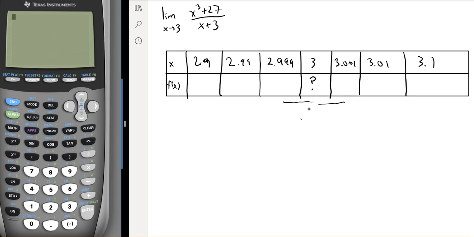Okay, so 3 is the one I'm trying to find, so I actually should have stored it at 2.999.